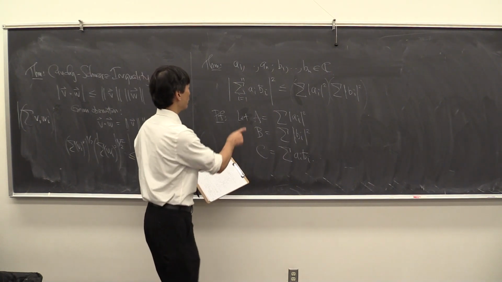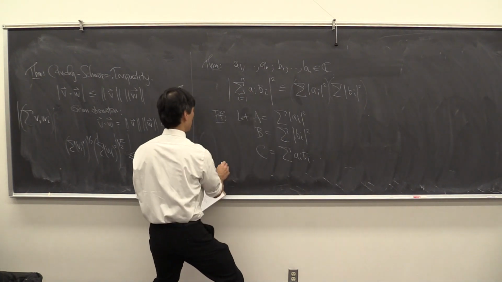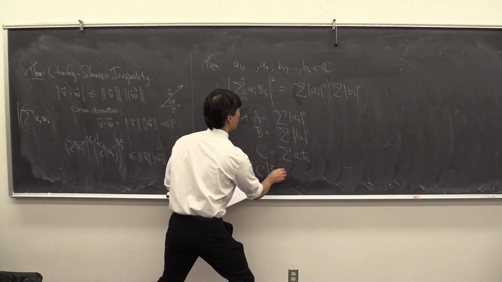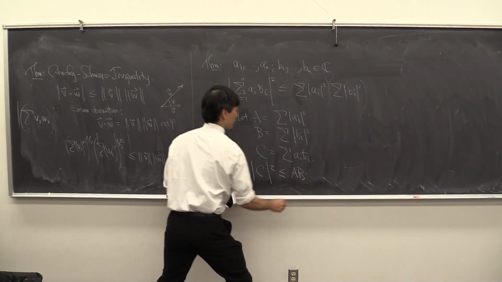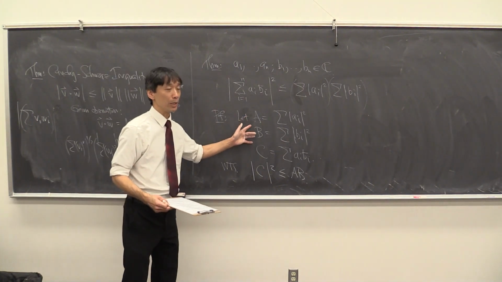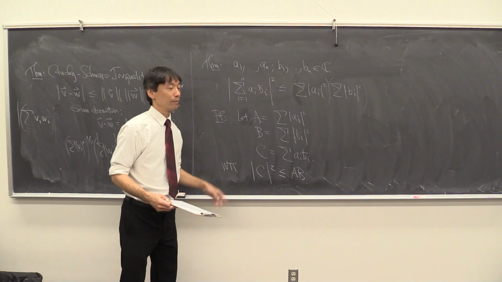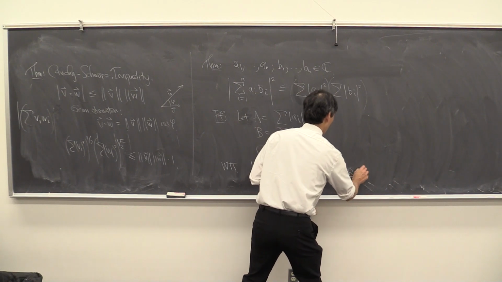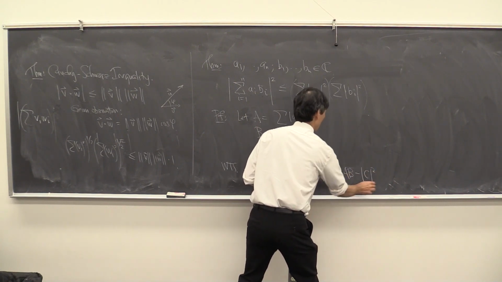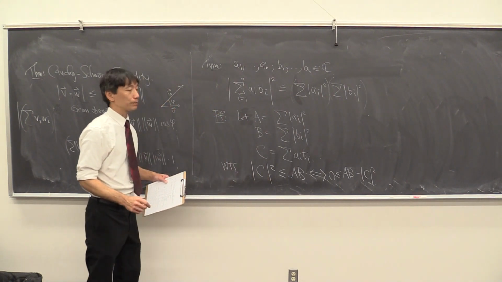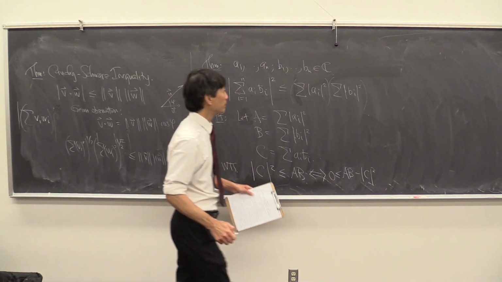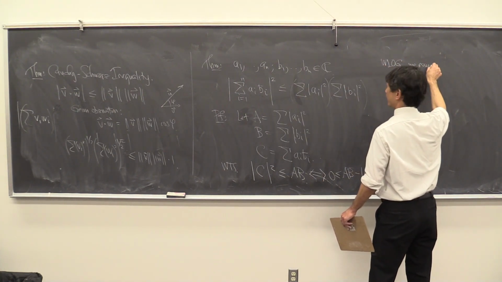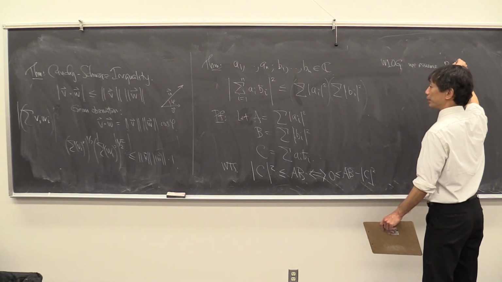What we want to show is that the modulus of C squared is less than or equal to A times B. I'm just introducing notation so I don't have to write these things over and over. In other words, we want to show that AB minus the modulus of C squared is non-negative. Without loss of generality, we may assume that B is positive, that B is not zero.